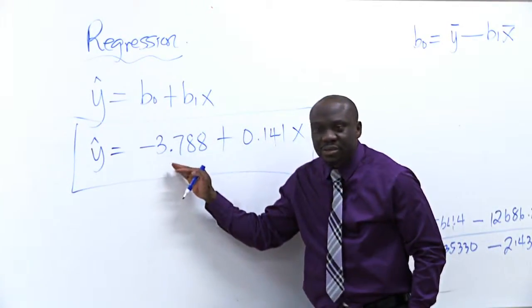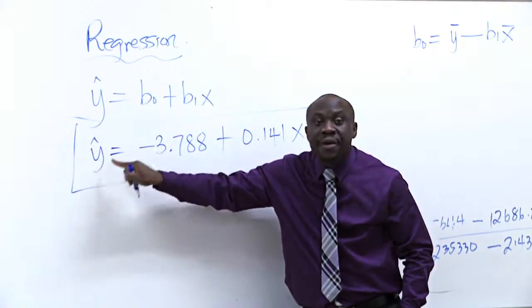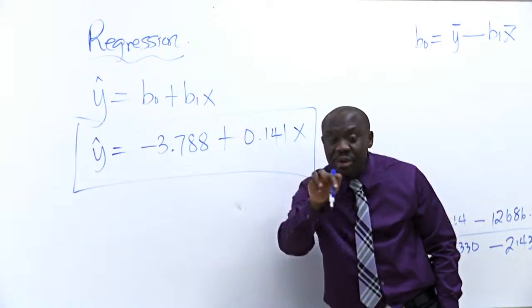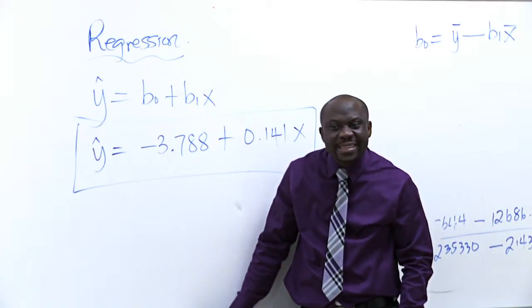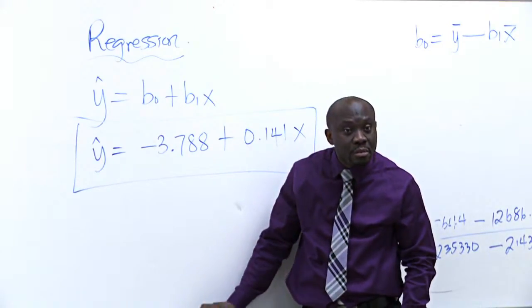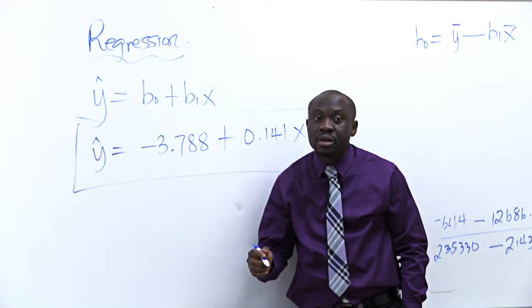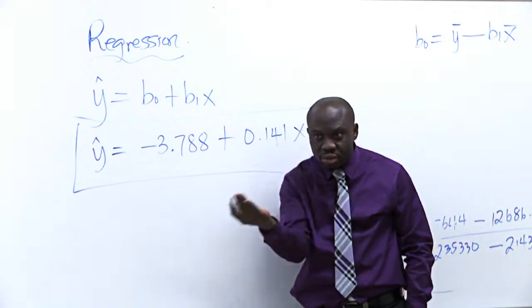What does that mean from this question? Find Y. You can only find Y when X is given. So according to the question, what is X? How do we know that is X? Income, excellent.